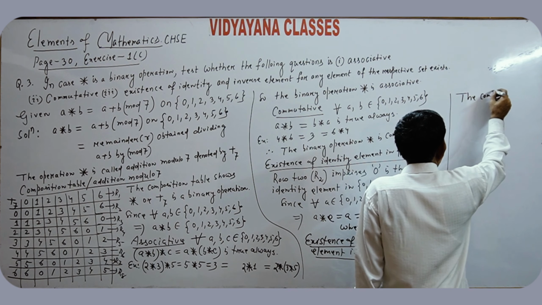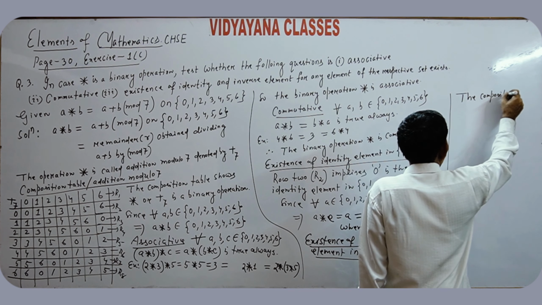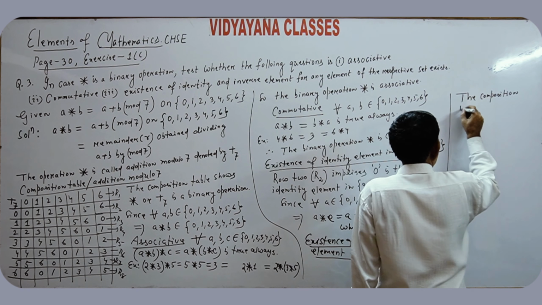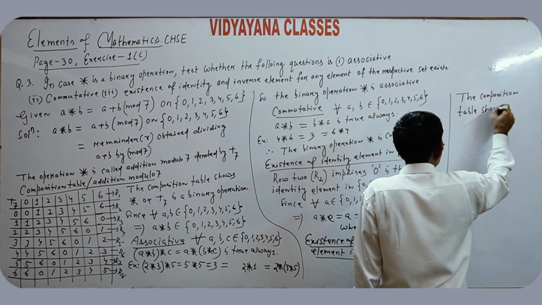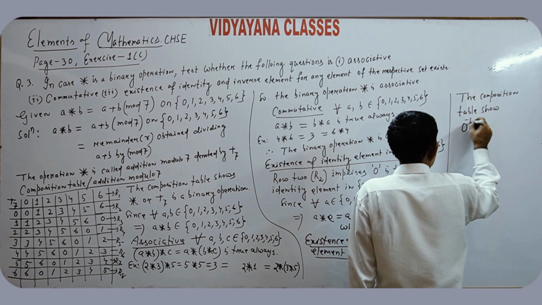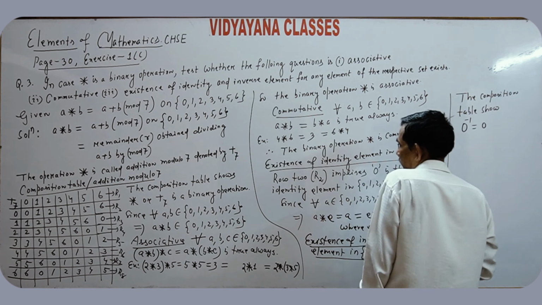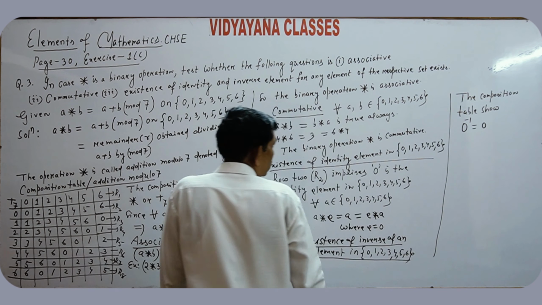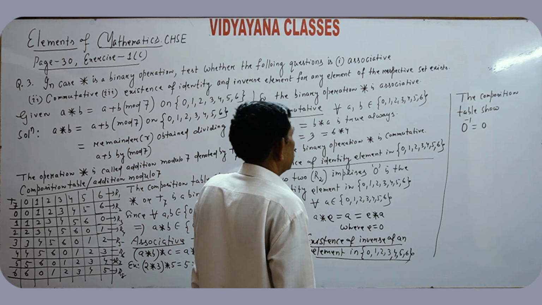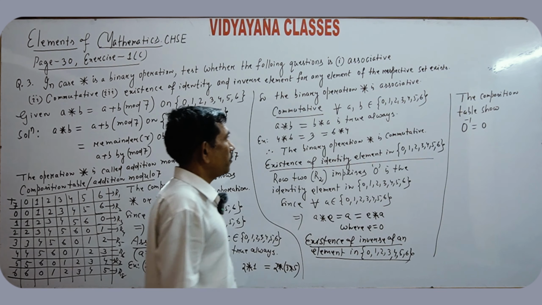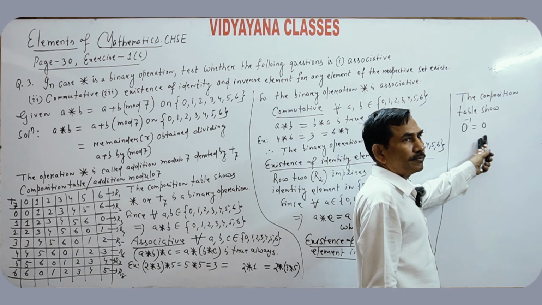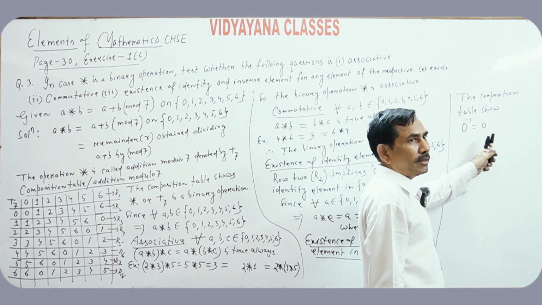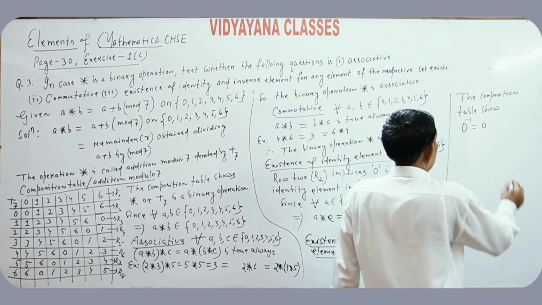The composition table shows the inverse of 0 is equal to 0, since 0 plus 0 is 0; 7 divides 0 gives 0.